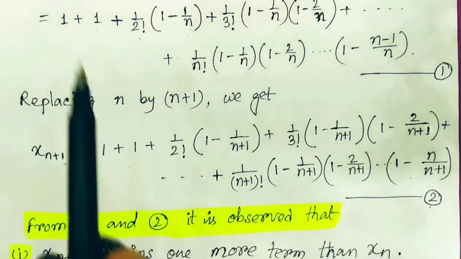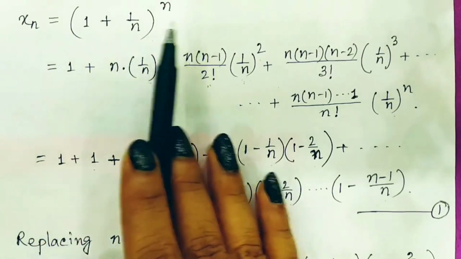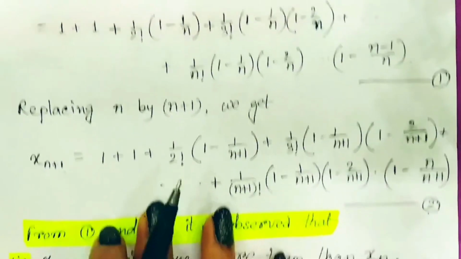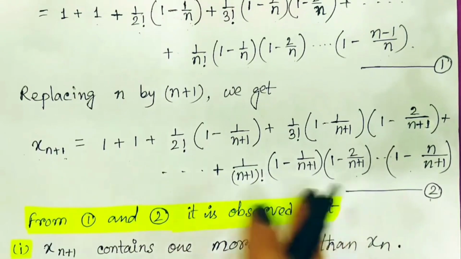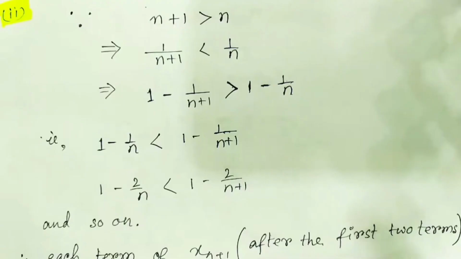In the first, where we have xn, the power is n, so there are n plus 1 terms. But as here the power is n plus 1, the total number of terms becomes n plus 2. So always in the second expression, one term is extra.